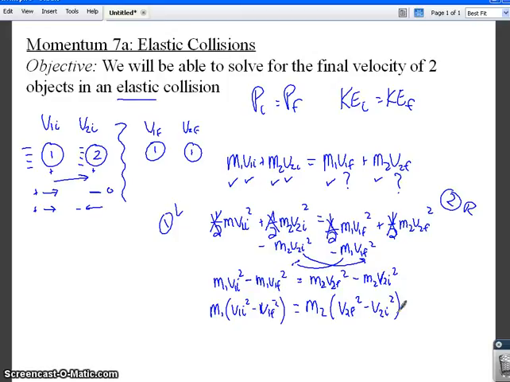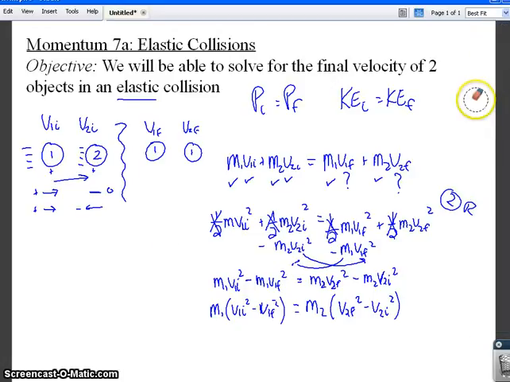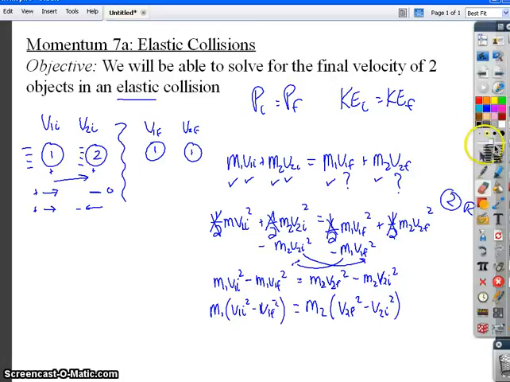What I'm going to do is take this equation right here, the conservation of momentum, and do the same exact thing. I'll write it in blue to kind of show what I'm doing here.